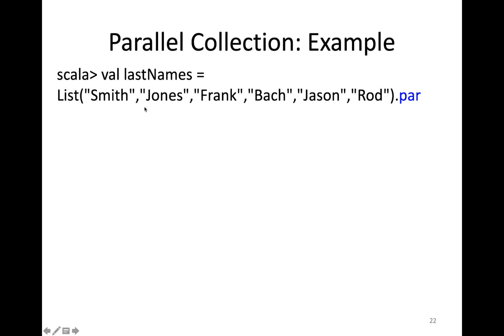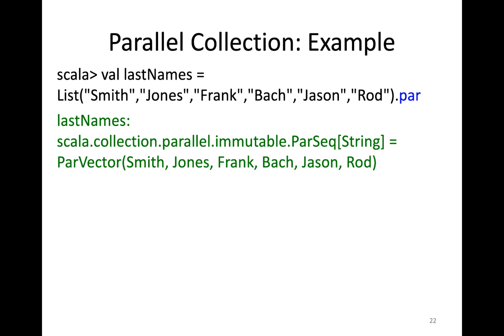Here is an example. We have a list of strings, and after that, if we just say .par, that means we are working with a parallel collection. We are working with a parallel list which supports parallel computation.